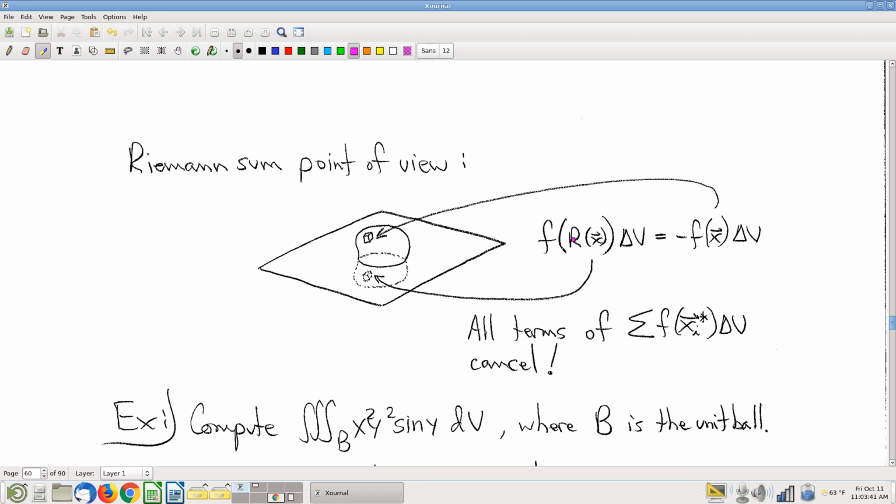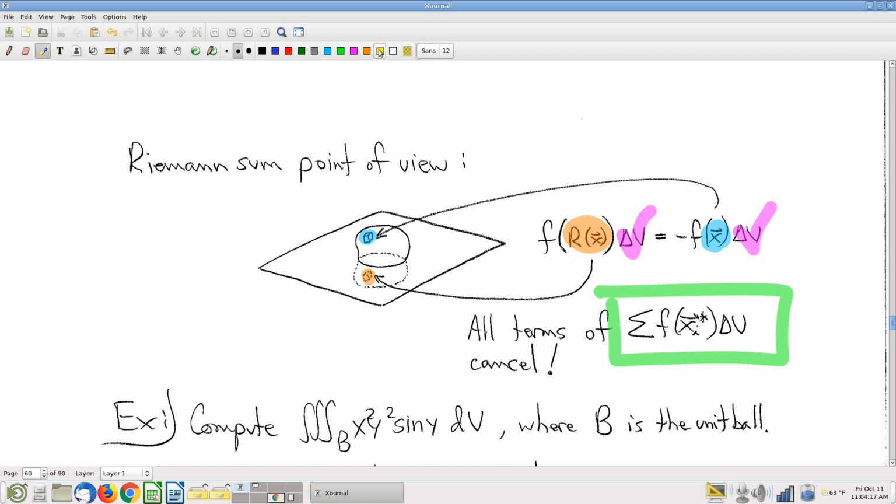Why does this work? Morally equivalent reason to why it works in 2 dimensions. If you're looking at a Riemann sum here, keep in mind that a Riemann sum is just adding up a bunch of terms. And if on this piece, the term associated at a particular point, and if on this piece, come on, colors, this piece, at the reflected point, well, they have the same volume.